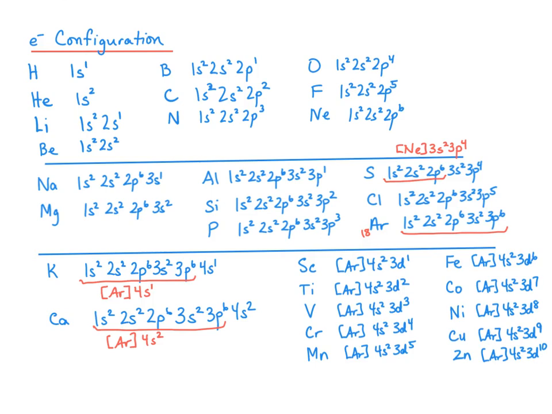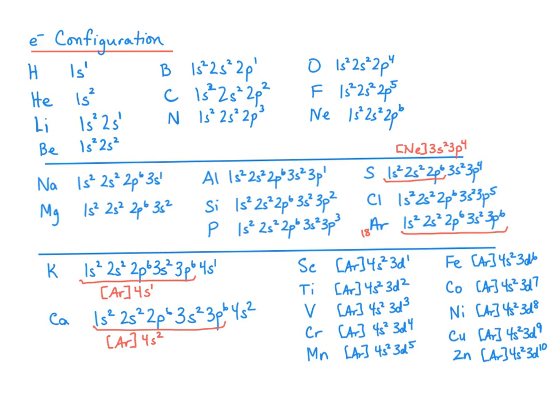Okay, so now let's look at what you did for scandium and so on. Notice the endings here, d1, d2, d3, all the way to zinc, d10. Right? So there are 10 groups in the transition metals, and 10 electrons in the d sublevel.